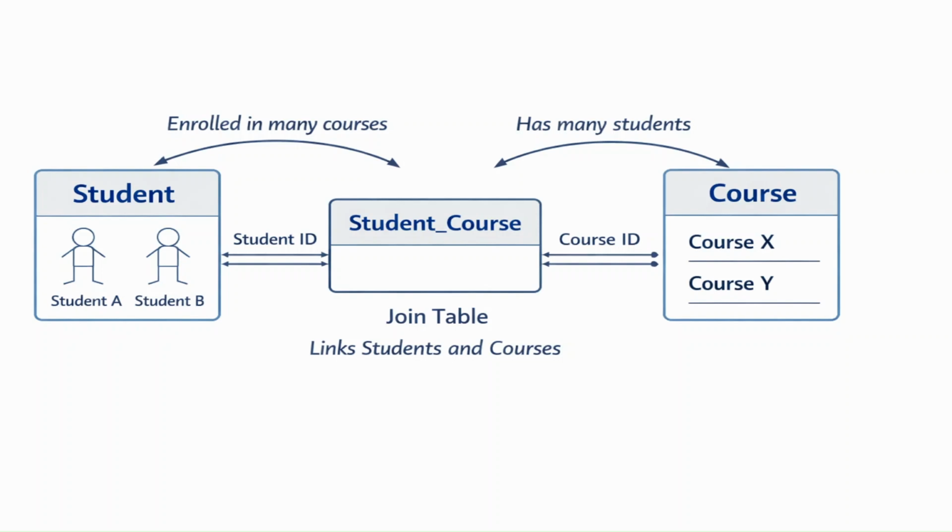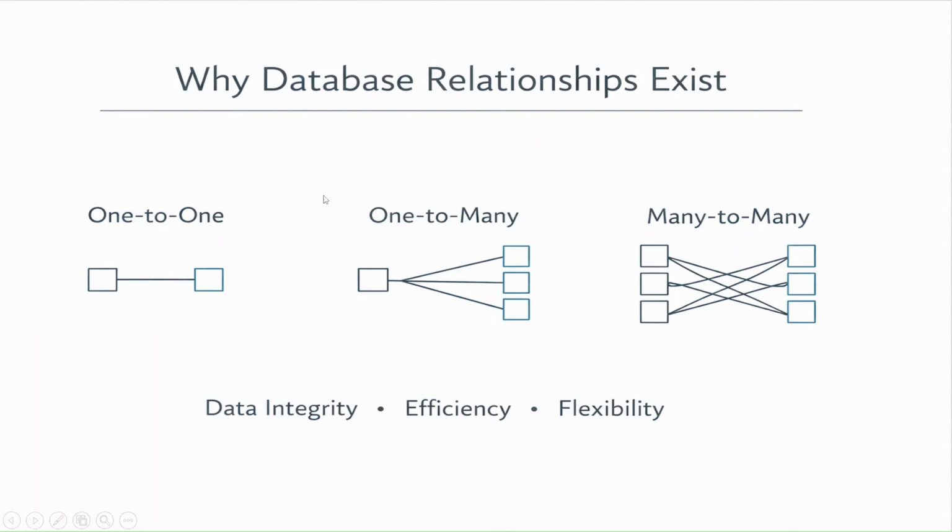This is the reason these relationships exist: to make sure that our data is consistent and we avoid data duplication. So now you should have a clear understanding of why database relationships exist, and why we have these kinds of relationships, one to one, one to many, many to many, because we want to maintain data integrity, efficiency, and flexibility, right?